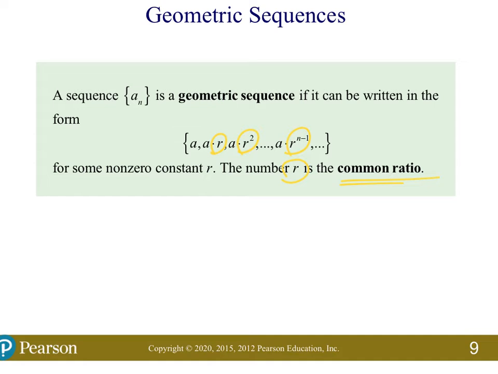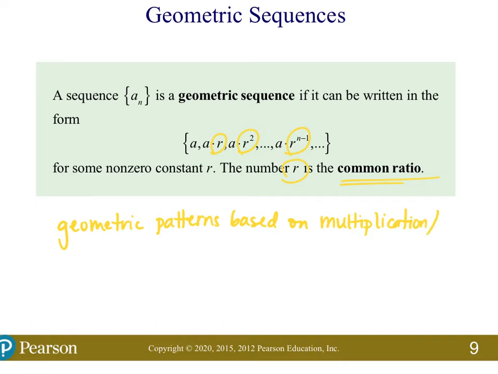So again, we can define geometric patterns as based on multiplication, but not just multiplication. Also division.